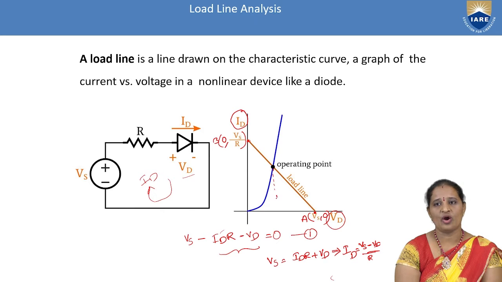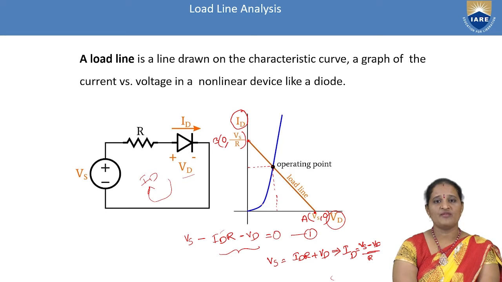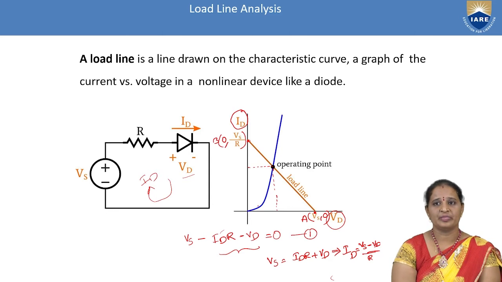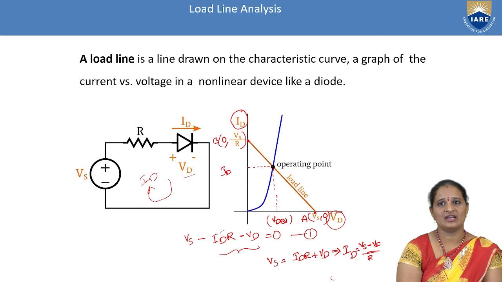So the operating point of a nonlinear device is defined as the point of intersection of the load line with the VI characteristic curve. Now let us find the value of the operating point. Let us represent the voltage at that particular point as VDQ, whereas the current at that point is IDQ.